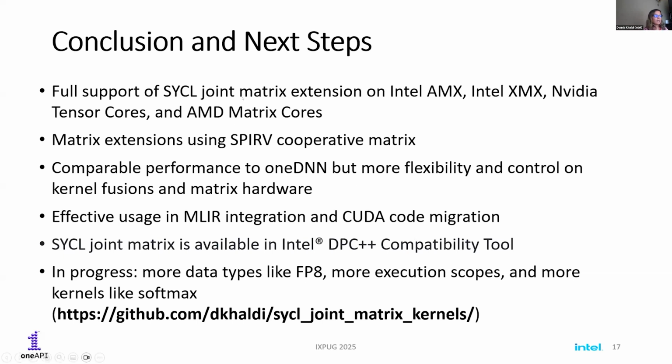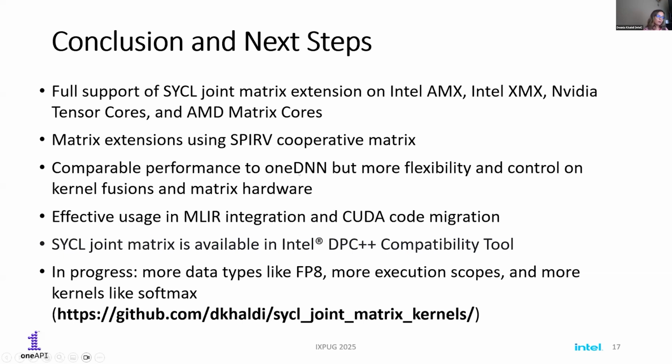So just to reiterate, SYCL and SYCL joint matrix will work on all these hardware and all these matrix hardware with just the same code. Of course, you have to tune the shapes using the query. And then we are using the SPIR-V cooperative matrix underneath to represent the SYCL joint matrix.